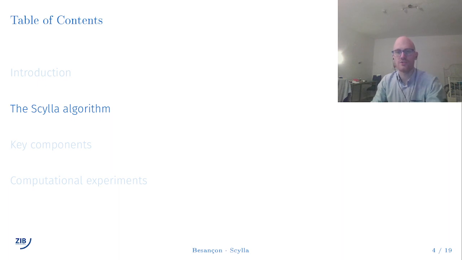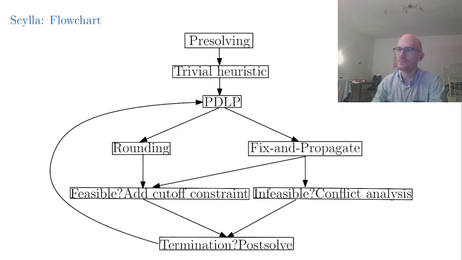Right, so we can now go on with the Scylla algorithm itself. So first, to give a quick overview of what's happening. We take in an initial optimization problem, say from a specified file or from JuMP or any other modeling language. We first pre-solve it using an out-of-the-box pre-solver called PaPILO, which is also developed in-house at the Zuse Institute and used in different solvers.